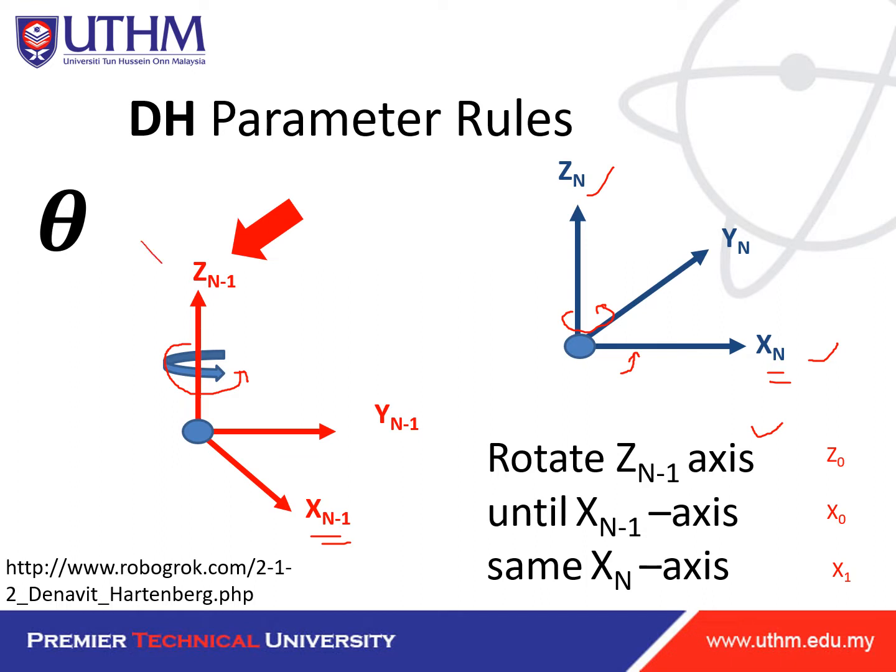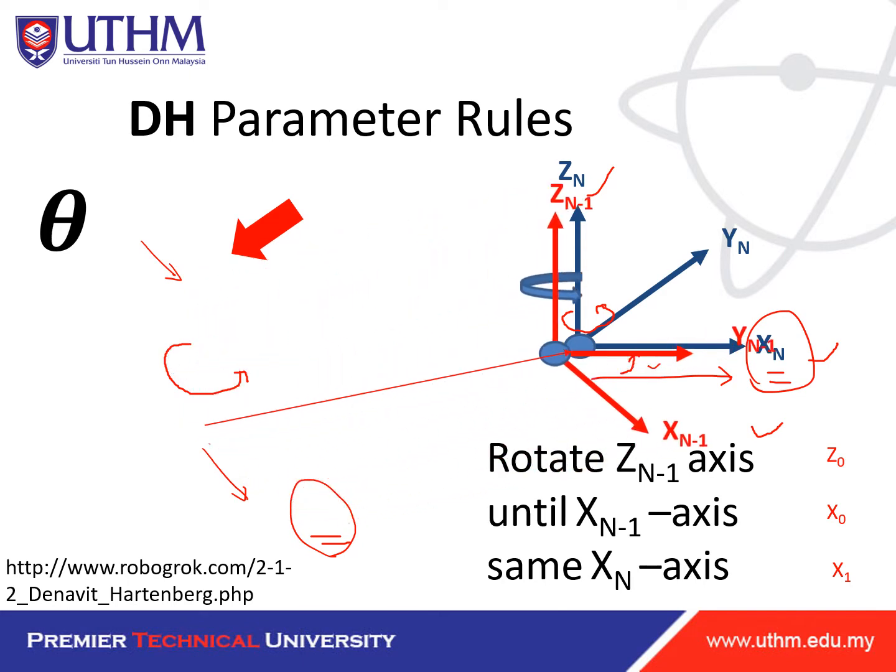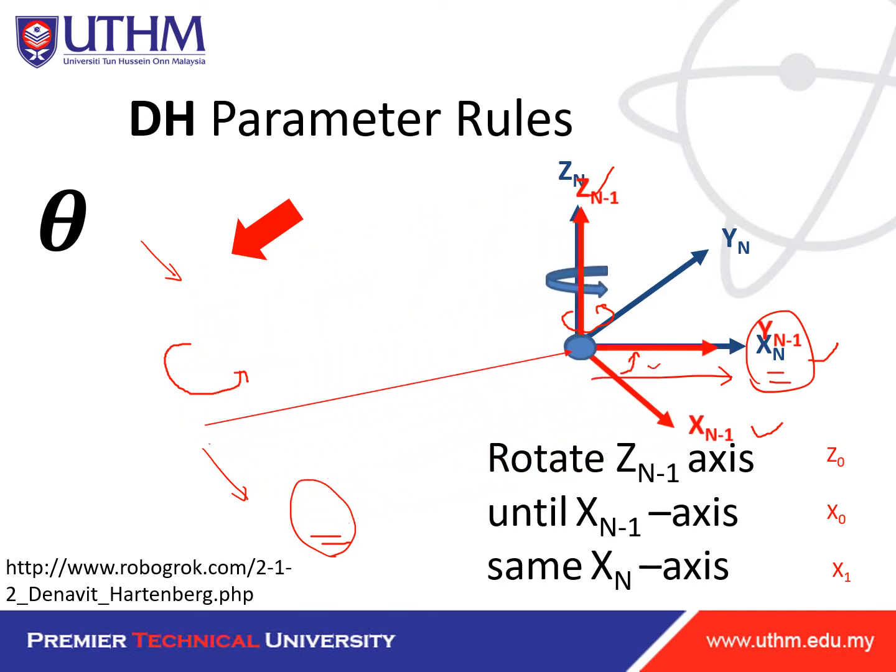We want to rotate about the Z axis so that this Xn here will be the same as Xn here. First, we move these two frames together like that. And now we can see that this is the Xn axis, this is the Xn minus 1.